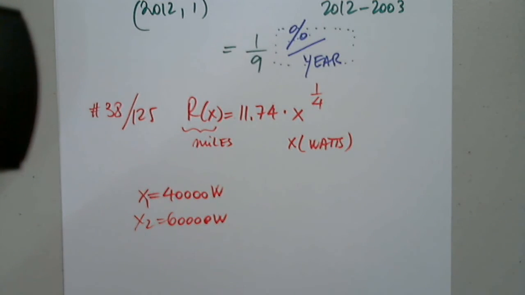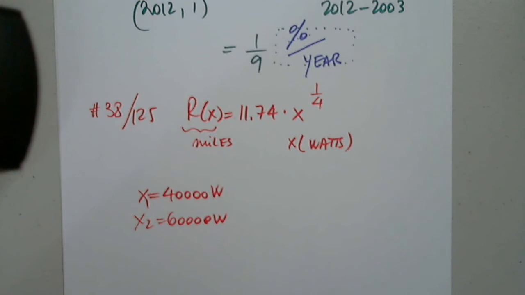Good. Excellent. Very good. So, oh, I didn't want to stop sharing. So we're going to put this function in y equals. So in y equals, clear if you have anything else. And punch in the function as 11.74 times x power, depending on your calculator, put in parentheses, please, the power.